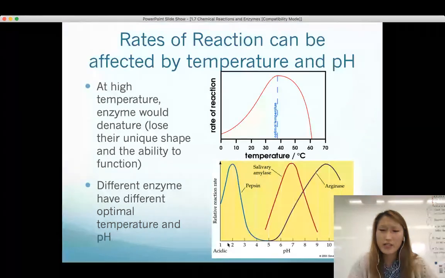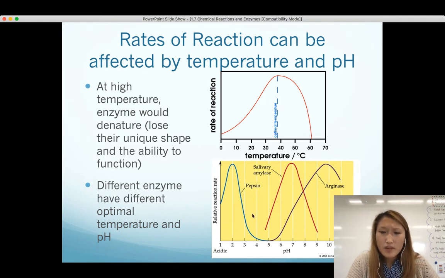Okay, so what you see over here, how can you find the optimal pH of these three different enzymes? We have pepsin. The x-axis is the pH, right? So at pH equals 2, we have the highest rate of reaction. We say for pepsin, the optimal pH is 2. Okay, and then moving on, amylase is another type of enzyme.